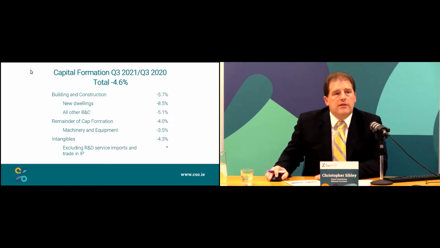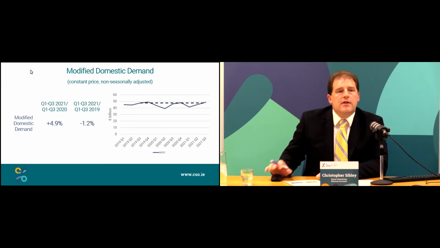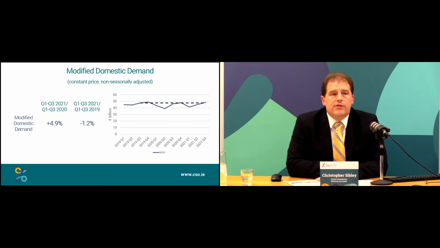And then the final way, the third way, I'm just going to show you the data presents it in a quite interesting way, I think, looking at the first 9 months of the year, the first 3 quarters for 2021 over 2020. And people's preferred measure, modified domestic demand, that's up 4.9% on the pandemic-affected 2020.